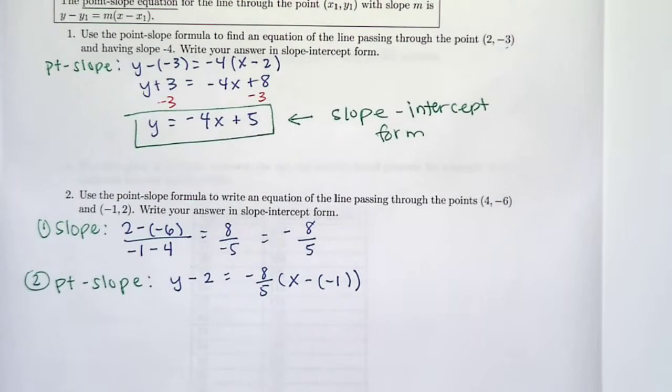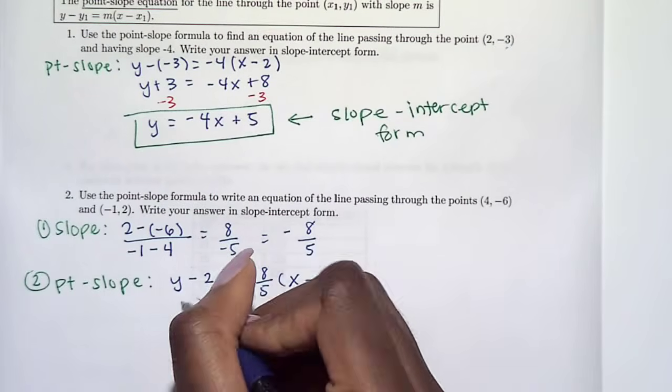Okay, and this question says to write your answer in slope-intercept form. All right, so we just simplify this and solve for y. I'm going to go ahead and fix this double negative.